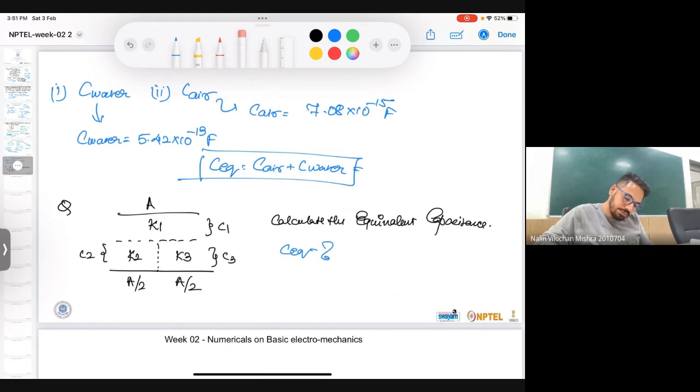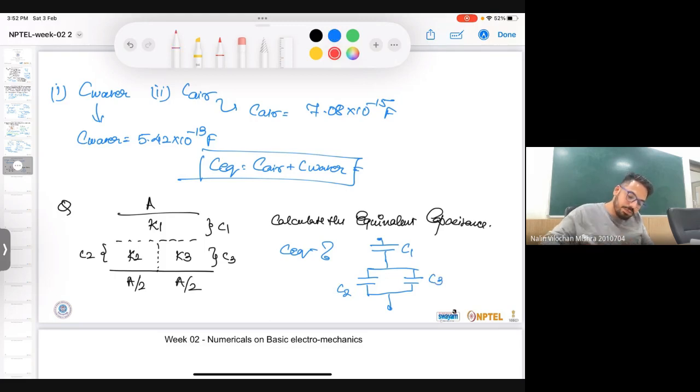Here, I think the combination of K2 and K3 are connected in parallel like this, and this combination of two capacitances with coefficients K2 and K3 is connected in series with the capacitance with coefficient K1. So it will be C1, C2, C3.